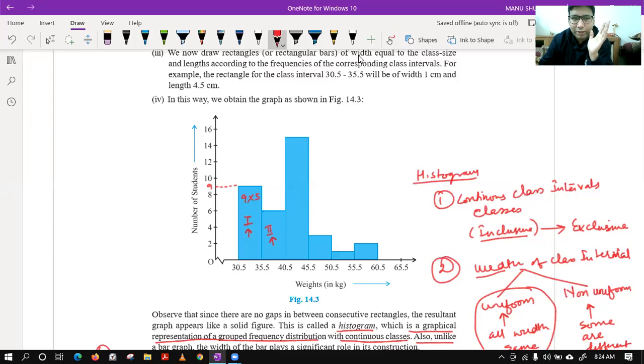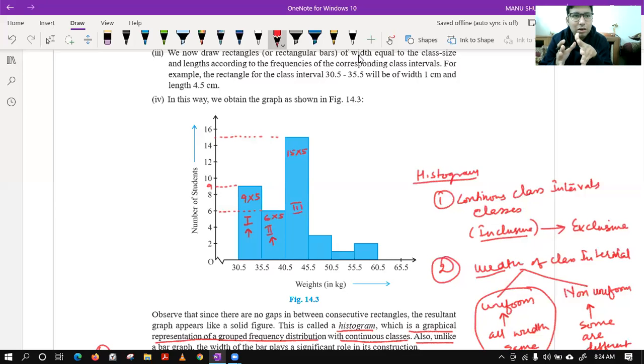What is the area of the second one? It is 6 into 5, 30. Very good. The third rectangle area is 15. Yes, 15 into 5.